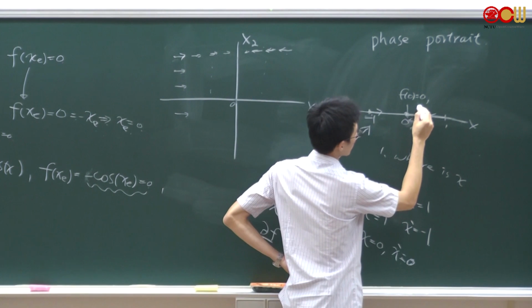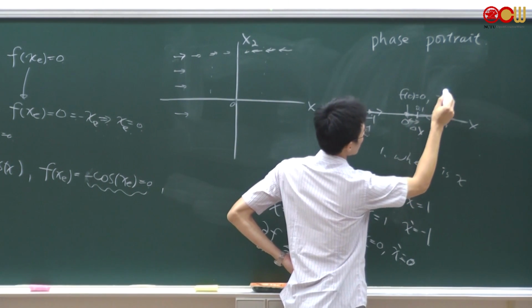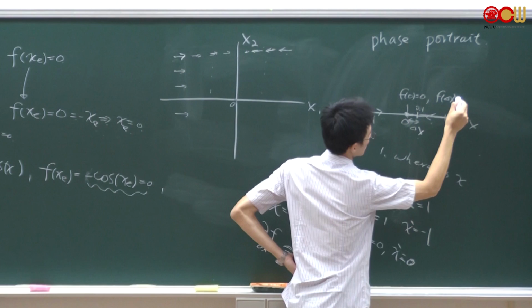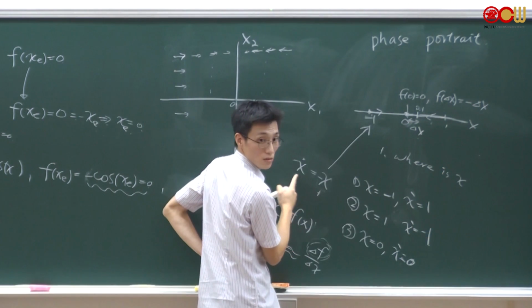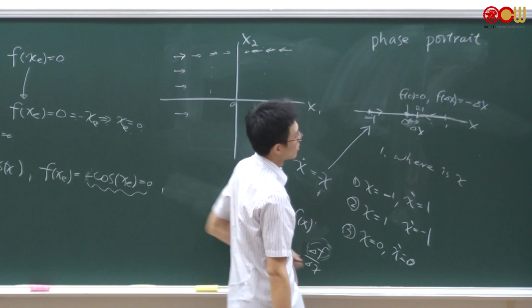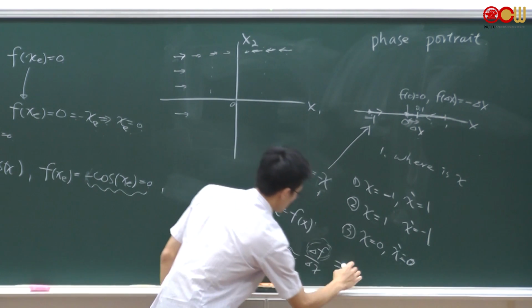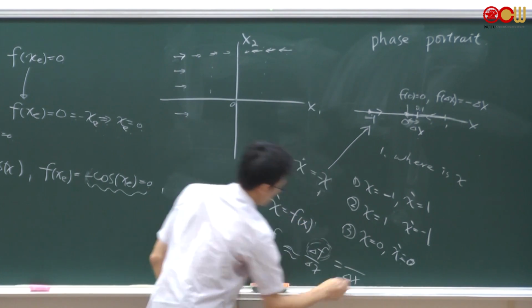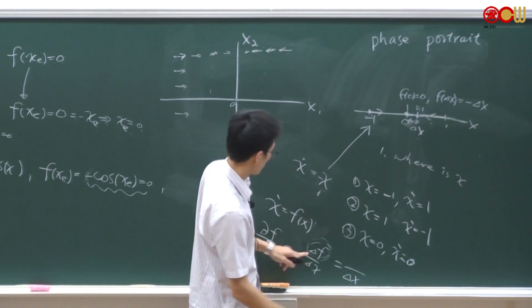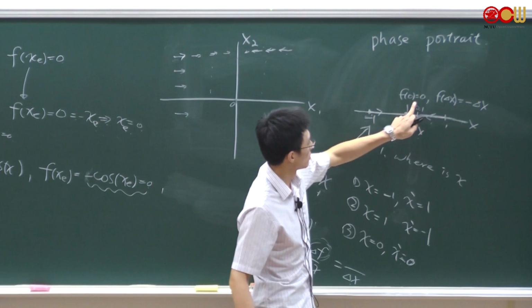Say f at delta x will be minus delta x, right? Because of this. So minus delta x. And what's the delta of f? This one minus this one, right?